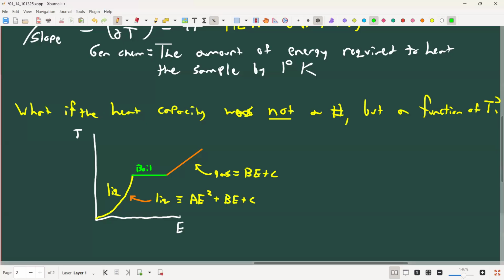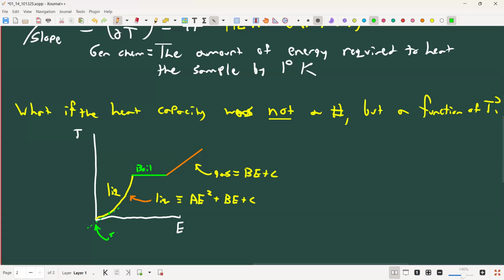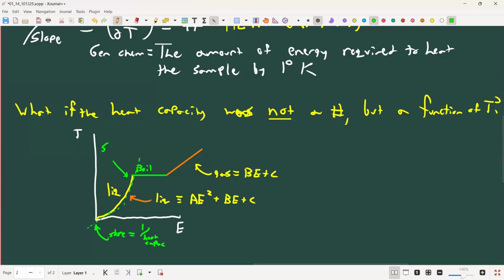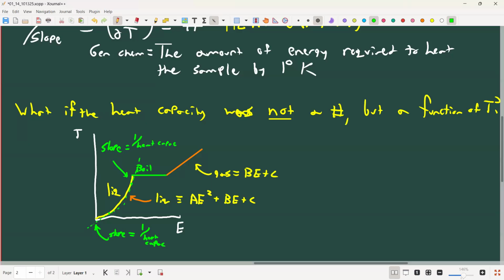So if I were to draw a tangent to the curve here, the slope of this is 1 over the heat capacity. And then we put one here. Slope is the inverse of the heat capacity. We have different heat capacities at different temperatures.